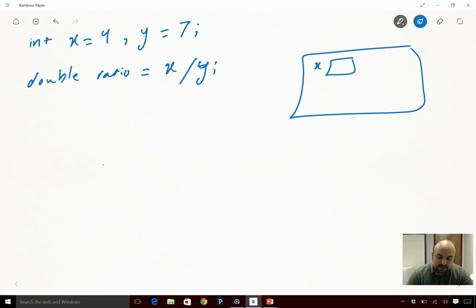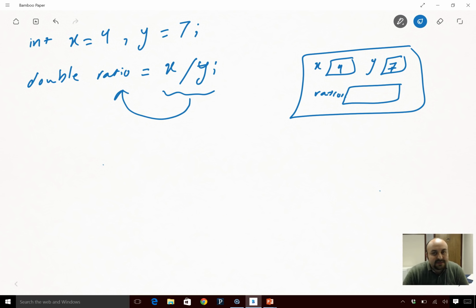So x in memory is 4, y in memory is 7, and ratio, which is a double, would be 4 divided by 7. And that's going to be an integer division, the result of which is going to be placed inside of a double. So this is going to be 0.00000. The result of this is 0, and it's going to be placed inside a double.